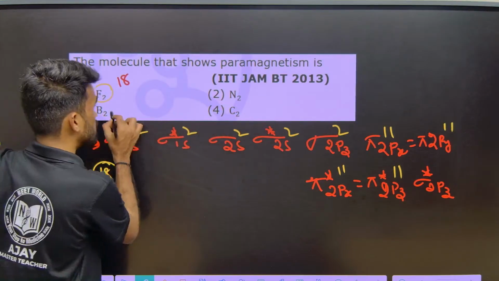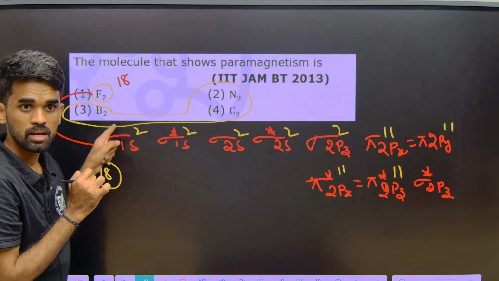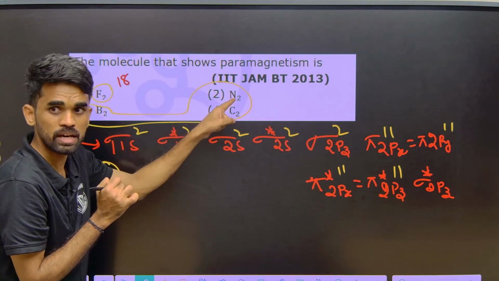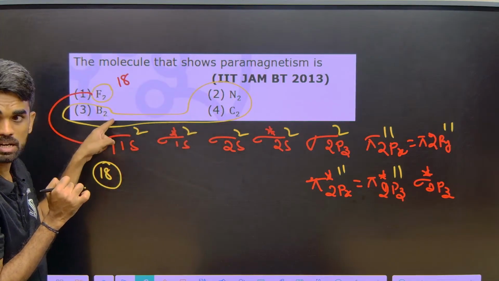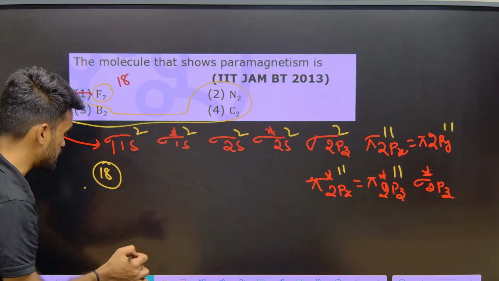Now verifying for these three is very easy. Because why? N2 is less than or equal to 14, B2 has only 10 electrons, C2 only 12 electrons. Now you can have only one order. So what is that order? Tell me.